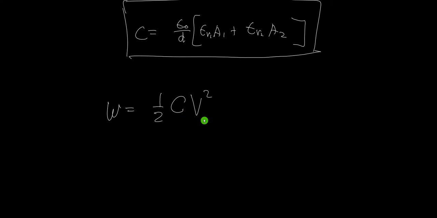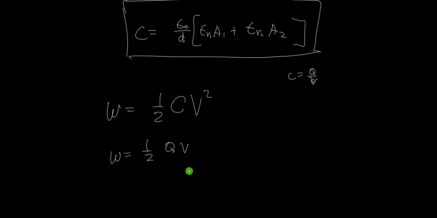We can also change this if we solve for the voltage. We know C is equal to Q all over V. So if I substitute that here, another formula for the energy stored will be 1/2 Q times V, since V will cancel out.